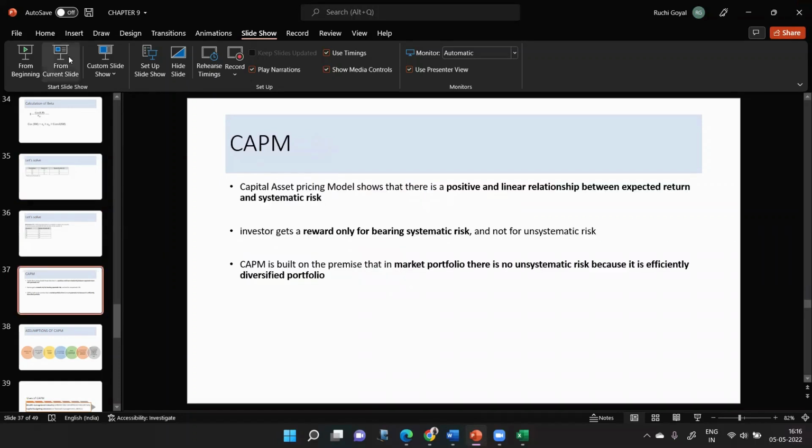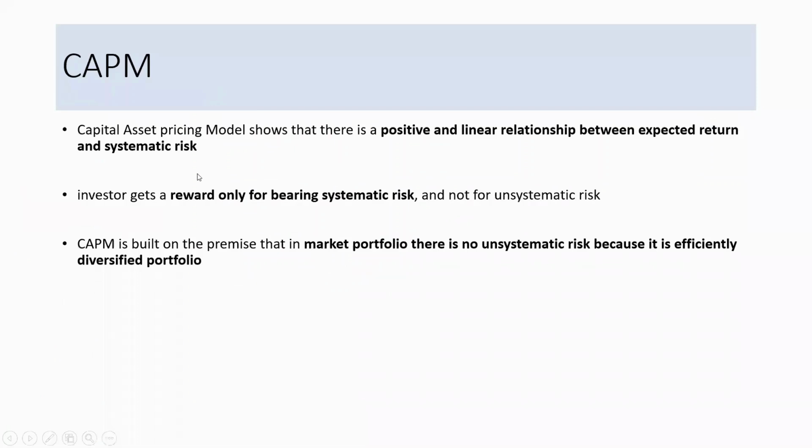Now the CAPM model. What does the CAPM model talk about? The CAPM model talks about the systematic relationship between the expected return and systematic risk. Here we are not talking about the total risk, we are only talking about the systematic risk. Investors will get a reward only for bearing the systematic risk and not the unsystematic risk.